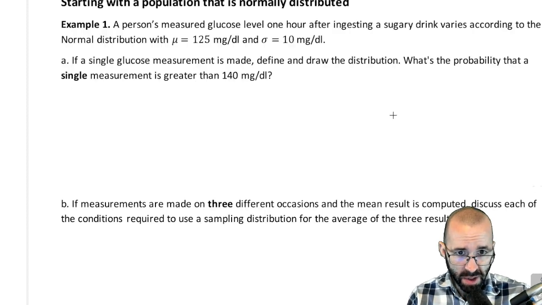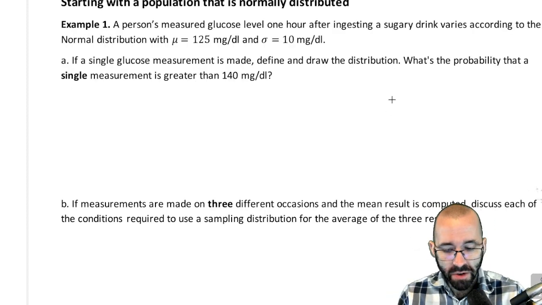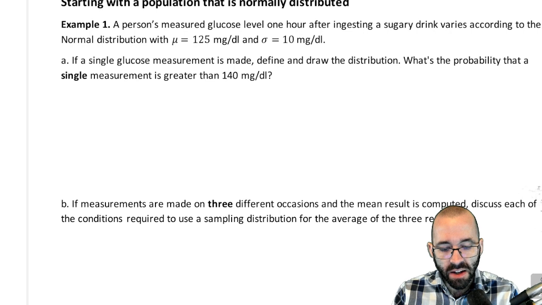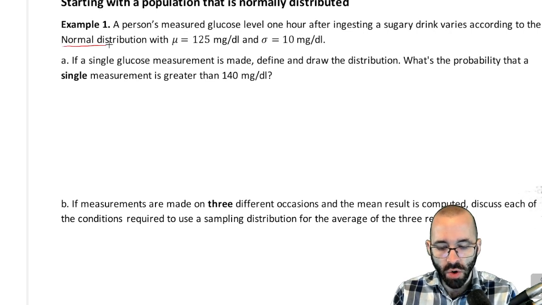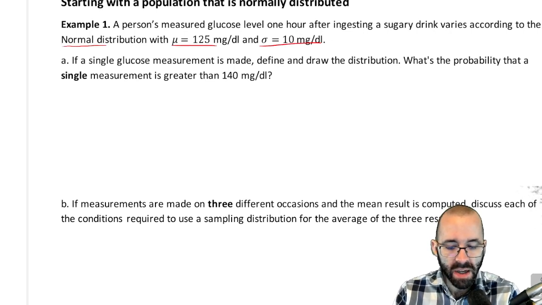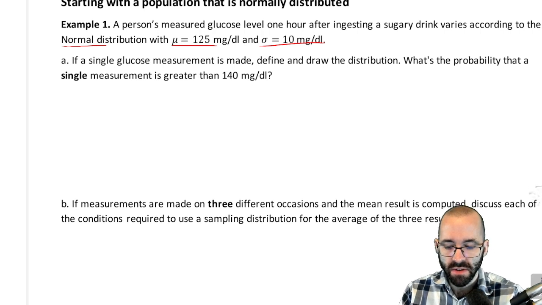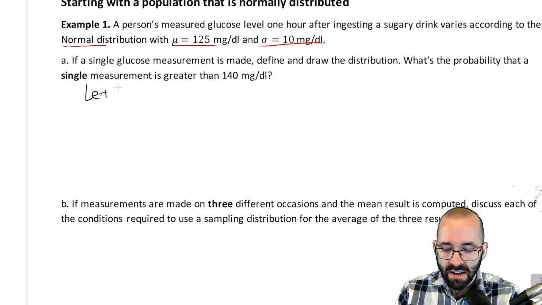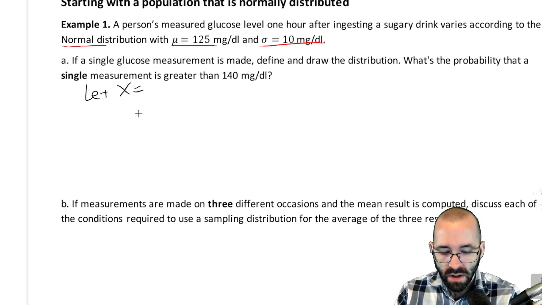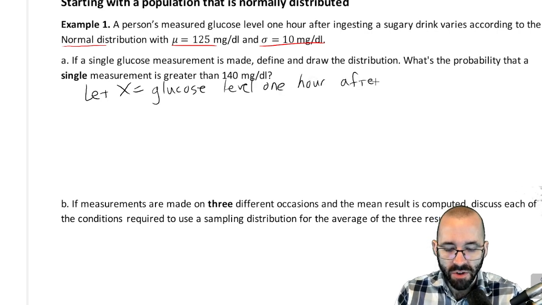Define and draw the distribution. Well, we're told that if we look at a single one, it's normally distributed with this mean and this standard deviation. So let X equal the glucose level 1 hour after the drink.